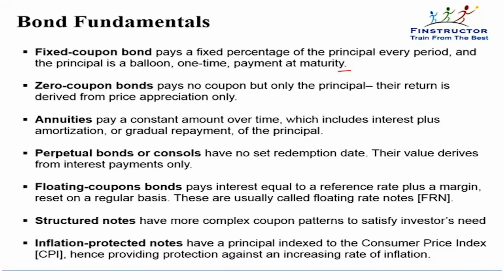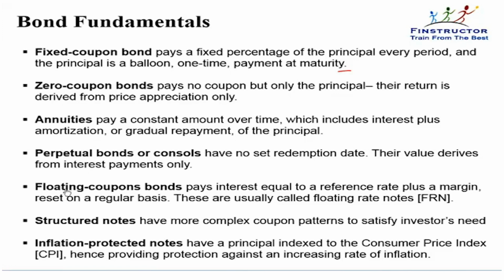That is, the price we will pay to purchase these bonds will be much lower. Annuities pay a fixed amount over time. So the interest and the principal are packaged into one payment, something like your car mortgage or your house mortgage, that is made over time. Perpetual bonds are annuities forever. These are annuities that will keep coming till perpetuity.